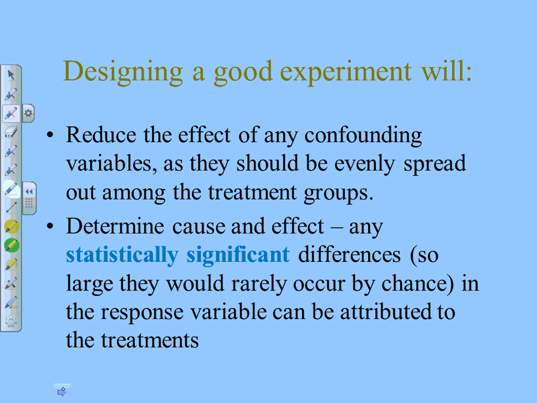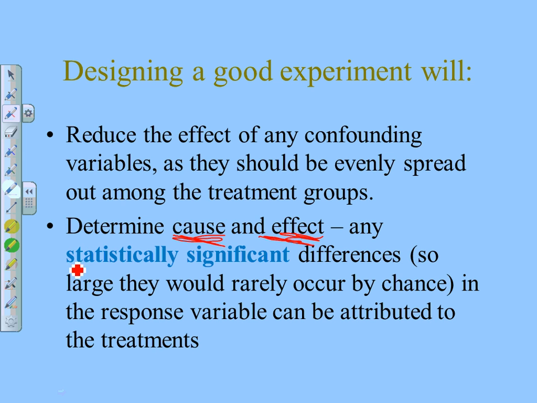Okay, we already talked about designing a good experiment, reducing the confounding variables because of the random selection. Also, this is very important, a good experiment will show cause and effect. Now, we haven't talked about that yet, but now we are. The difference between experiments and observations is that experiments can show causation. Because I gave them this change, it was only because of this. No other variables.